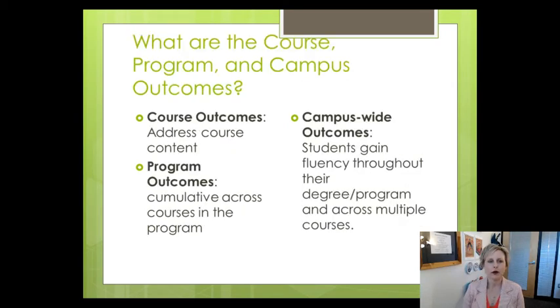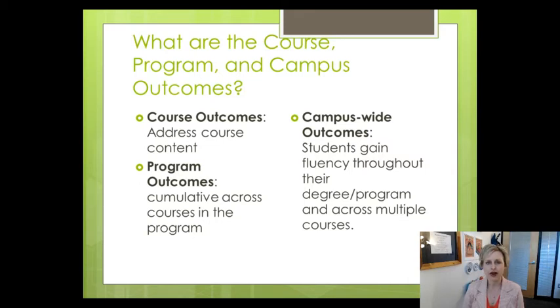What do we mean by course, program, and campus-wide outcomes? First of all, course outcomes address your specific course content. They're going to vary radically across different courses. Program outcomes look cumulatively across the courses in your program, which could be a couple or many, depending on your program. What sort of outcomes is your particular course addressing within those larger program goals?